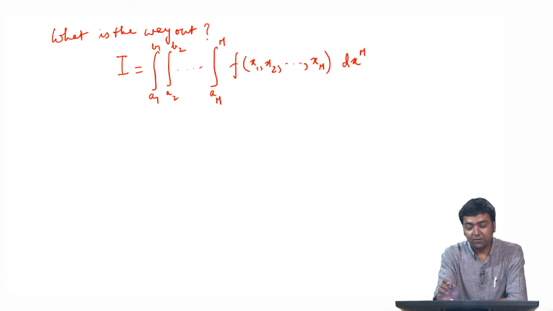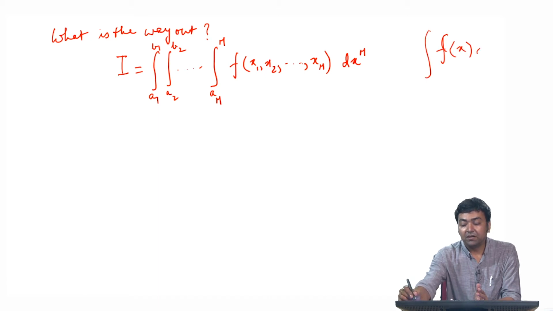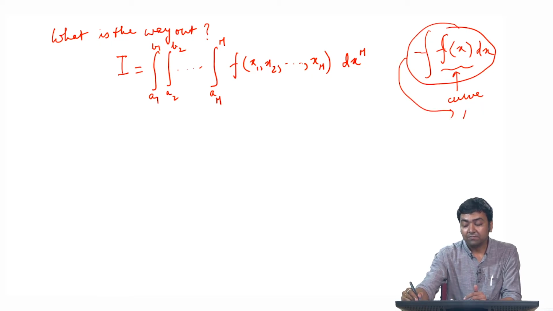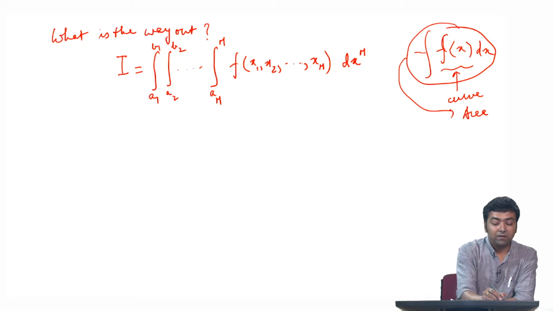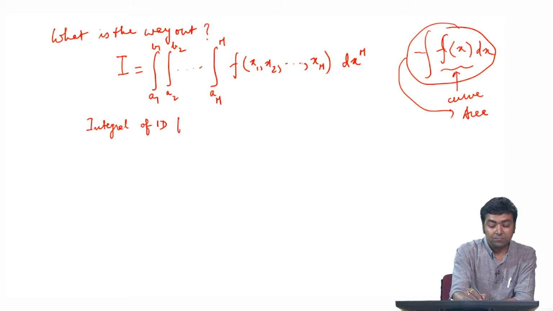Now, what does this mean geometrically? We have seen that if I have a one-dimensional function f(x), that means it is a curve, and if I integrate it, the integral will give me an area. So, the integral of a 1D function gives me the area under the curve.